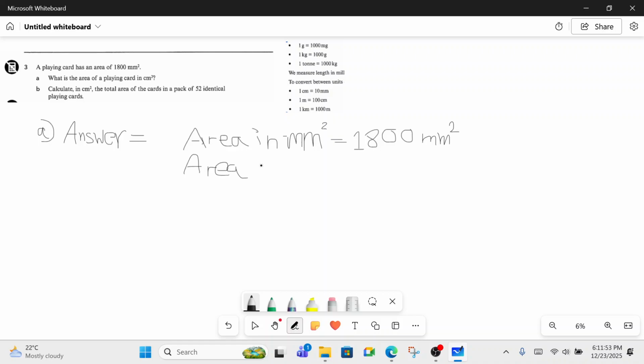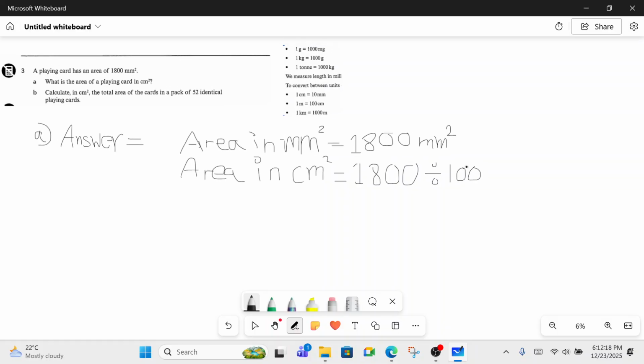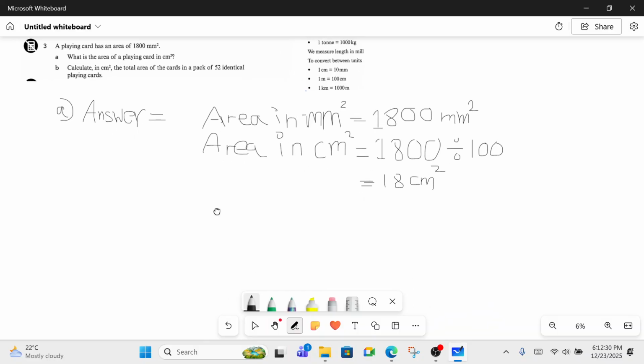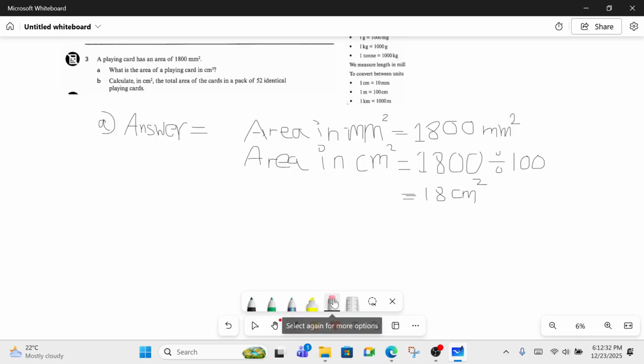Area in centimeters square is 18 centimeters square. That is our answer for question number A. Now let's move to question number B.